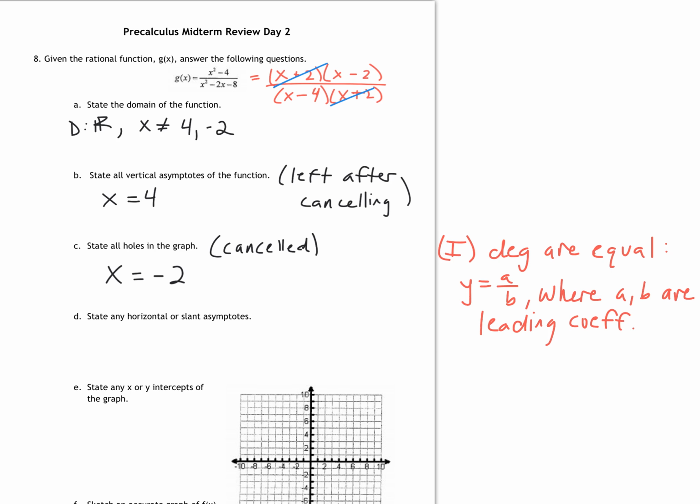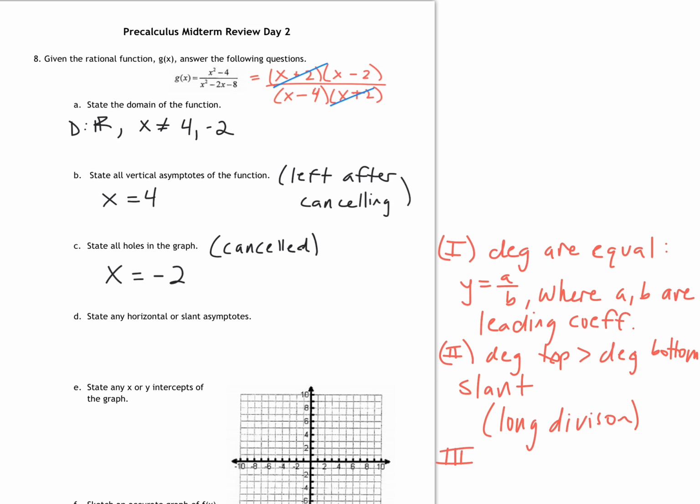The second situation was when the degree on the top was greater than the degree on the bottom. When that was the situation, we had a slant asymptote, and we found that with polynomial long division.